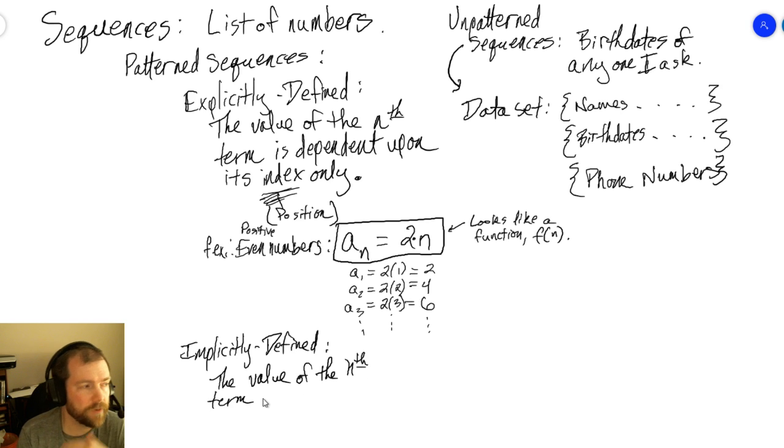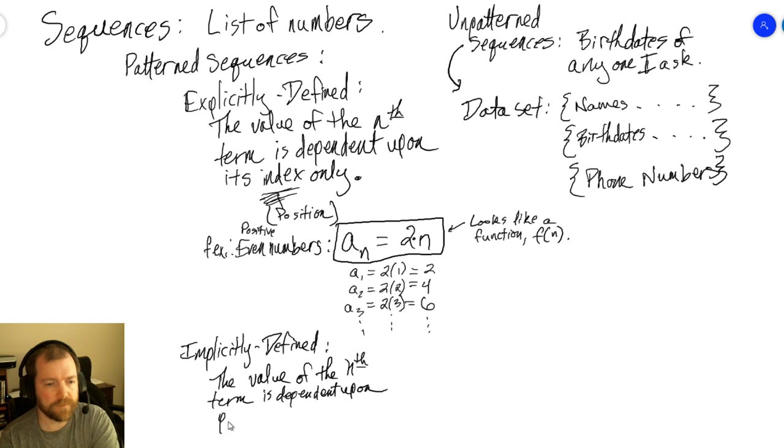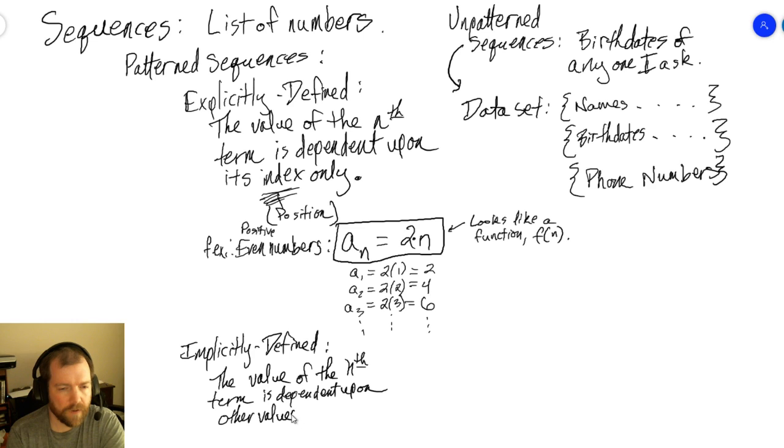So in this case, the value of the nth term of the sequence is dependent upon other values of the sequence.